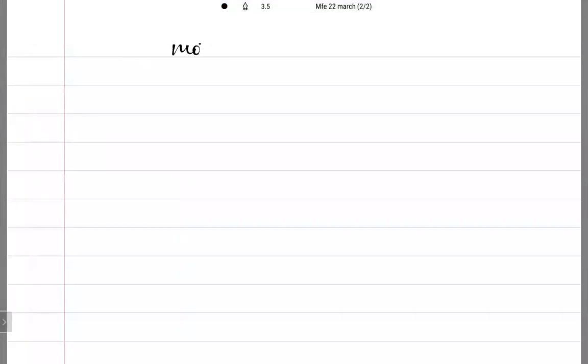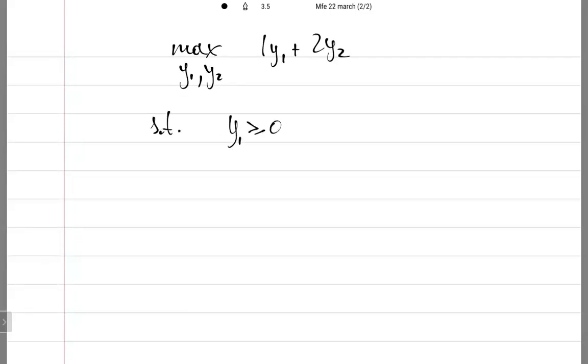Okay, I have a problem to maximize 1y1 plus 2y2 by choosing y1 and y2, subject to y1 and y2 non-negative.